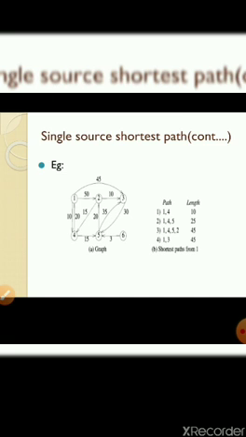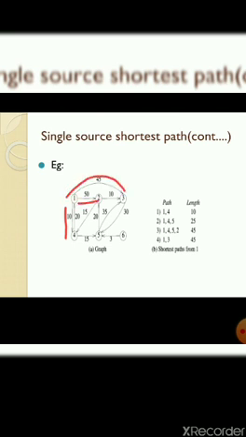Single source shortest path. Below is the example. For 1, there are 3 directions: 1 to 4, 1 to 3, 1 to 2.